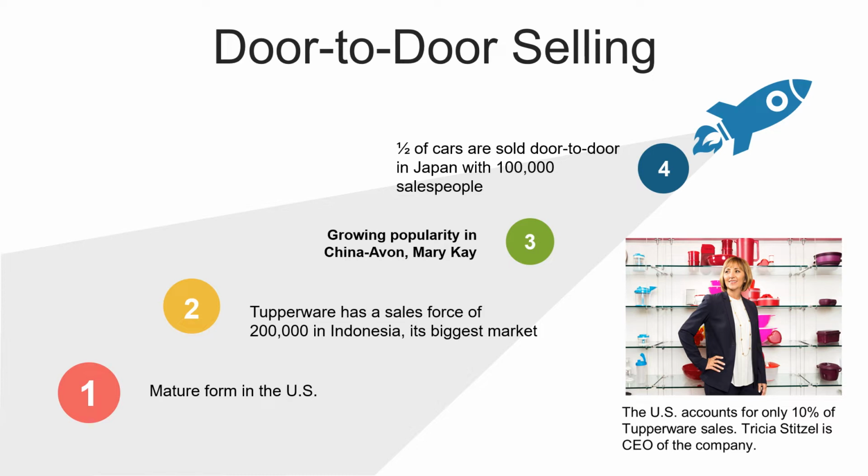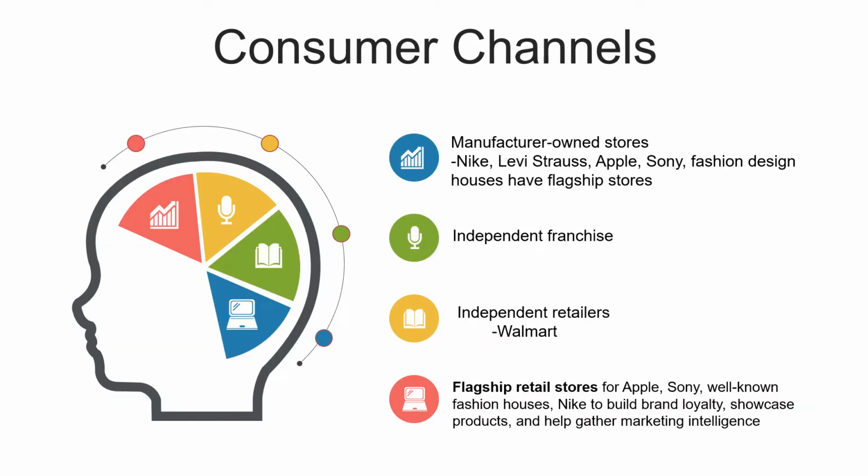Customer channels. Manufacturers' own stores. As noted in Chapter 9, Japanese consumer electronics companies integrate stores into their distribution group. Nike, Levi's, well-known fashion design houses, and other companies with strong brands sometimes establish one or a few flagship retail stores as a product showcase or as a means of obtaining marketing intelligence.